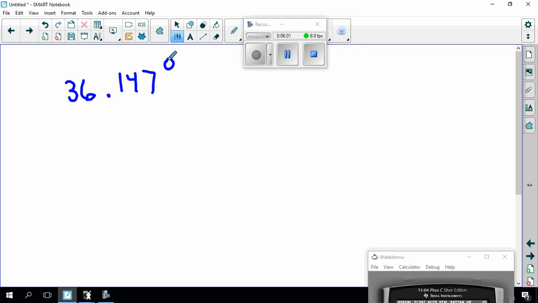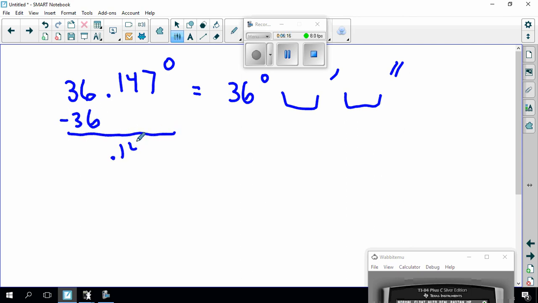I just had to move the degree symbol. Well, obviously, it's 36 degrees, blank minutes, blank seconds. So what we do is we subtract 36 and we pick up a 0.147. 0.147 of an hour, really of a degree. So what you do is multiply by 60.